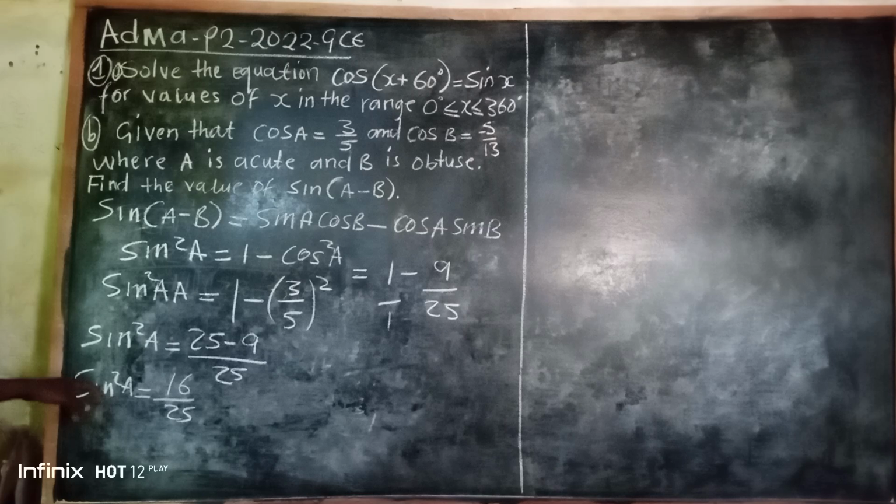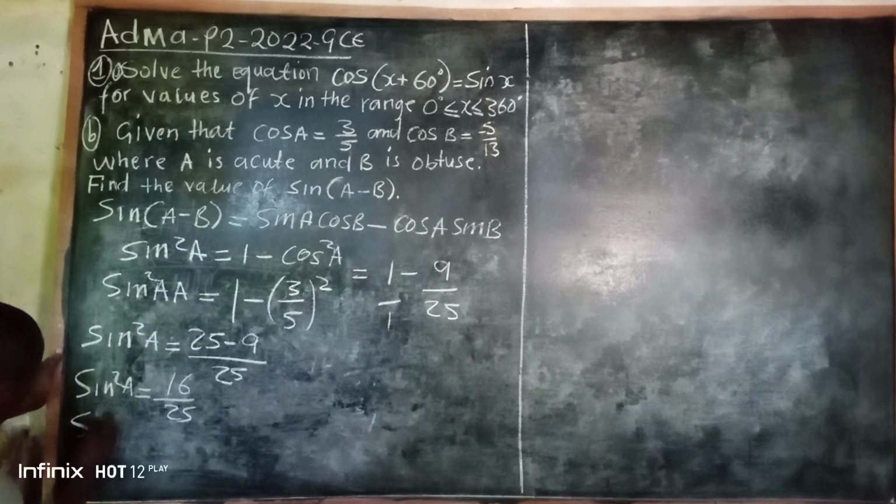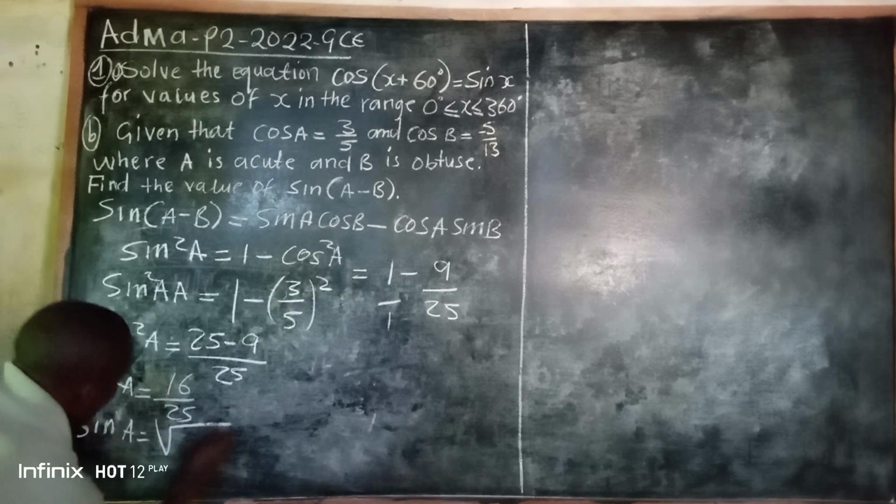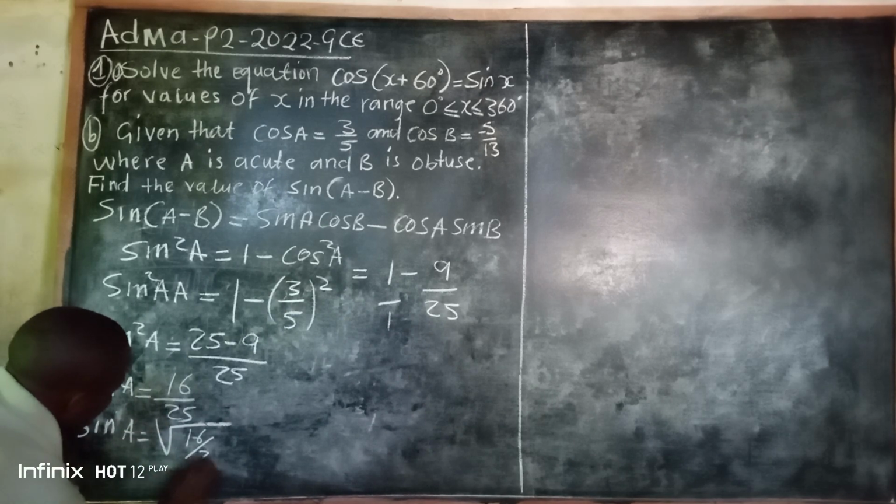So we need to get rid of this square, because what we are looking for is sine A, not sine A squared. So what are we going to do to get rid of this square? It means we are going to introduce the square root. So sine A is equal to the root of 16 over 25.